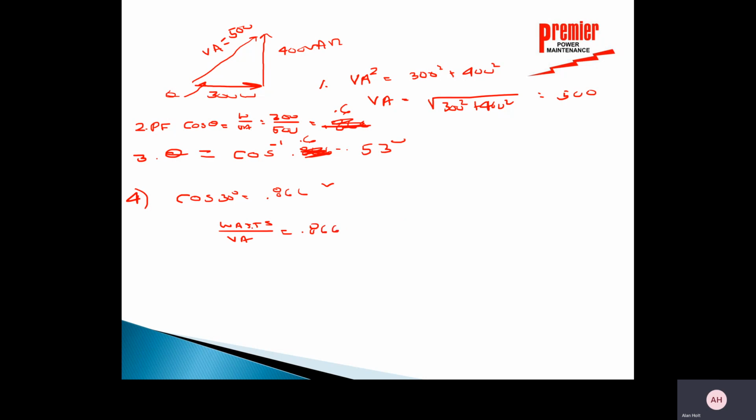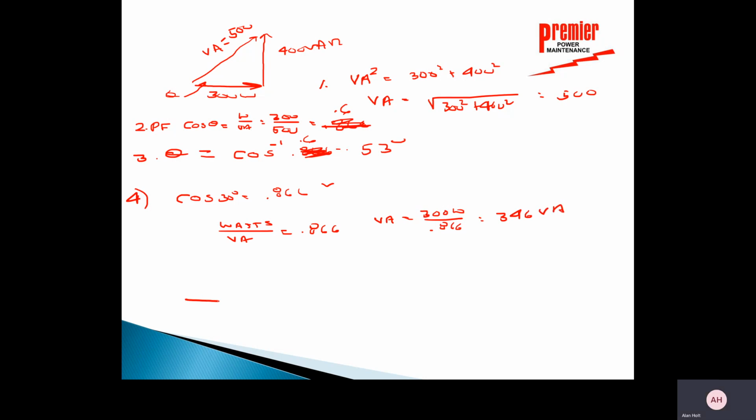So how do I get there? Voltamperes is equal to 300 watts divided by 0.866. And when I do that math, 300 divided by 0.866 is 346 voltamperes.